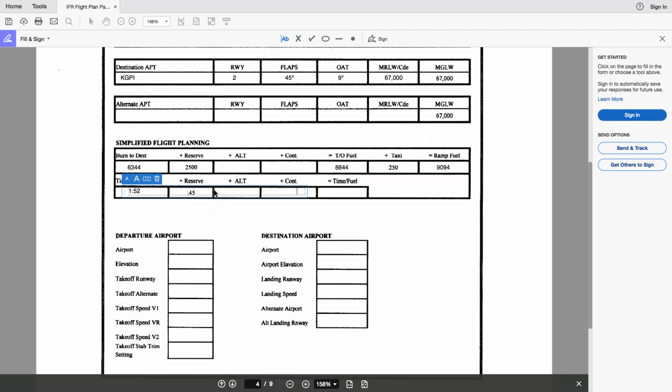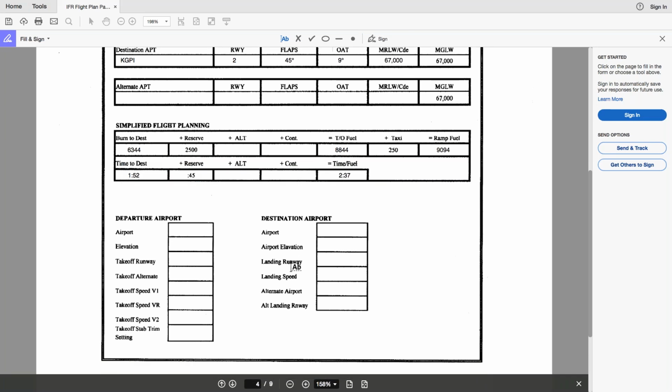So our fuel time equals a total of 2 hours, 37 minutes of flight time. Good? Everybody tracking? Yeah, buddy. Okay, airport.